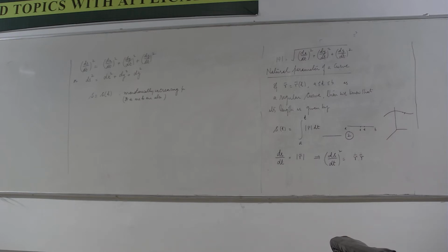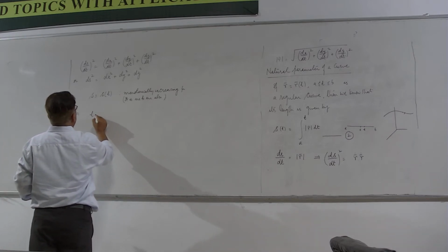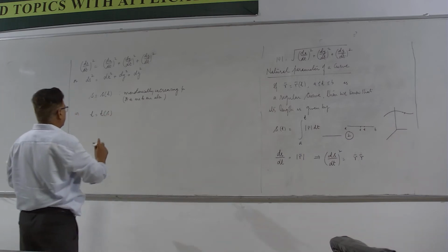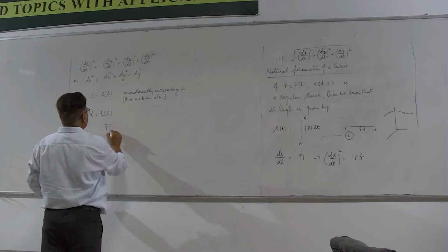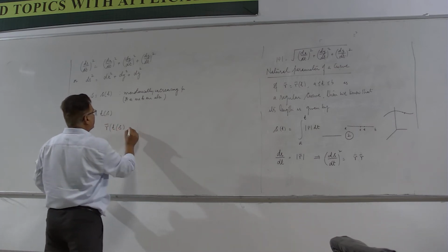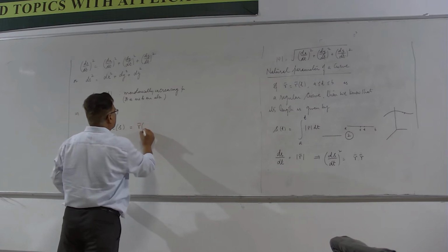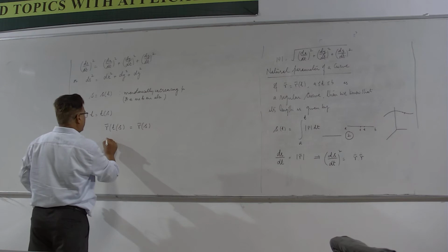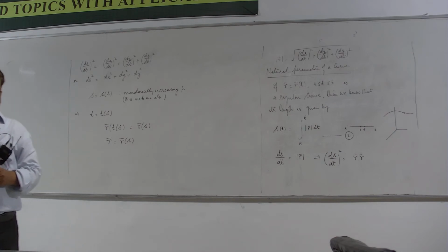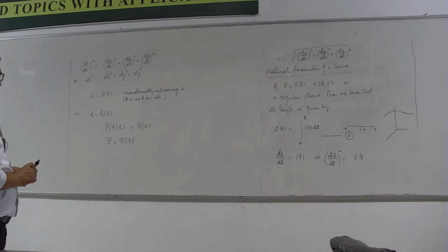And now, once S is a differentiable 1 to 1 function of t, then t should also be a differentiable monotonically increasing function of S. So, the situation is that you have your position vector r, which is a function of t, and t becomes a function of S. So, this implies that r is a function of S. So, what you get is that the position vector is a function of this S. This new variable that has emerged from here is called the natural parameter.